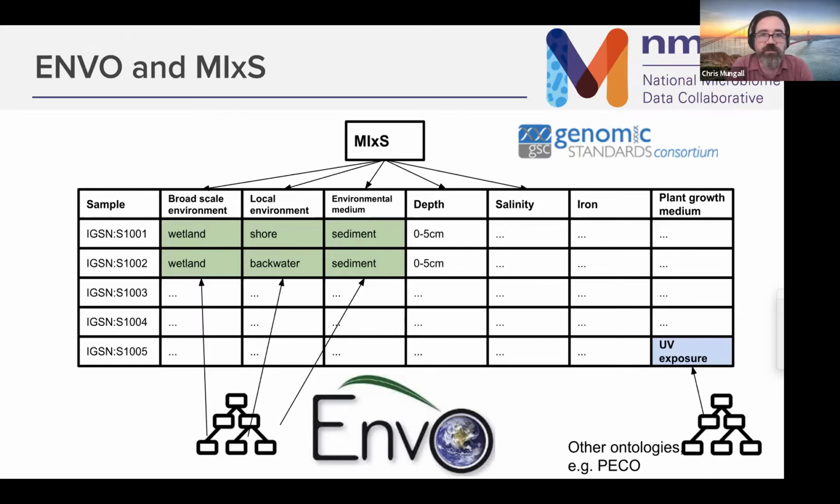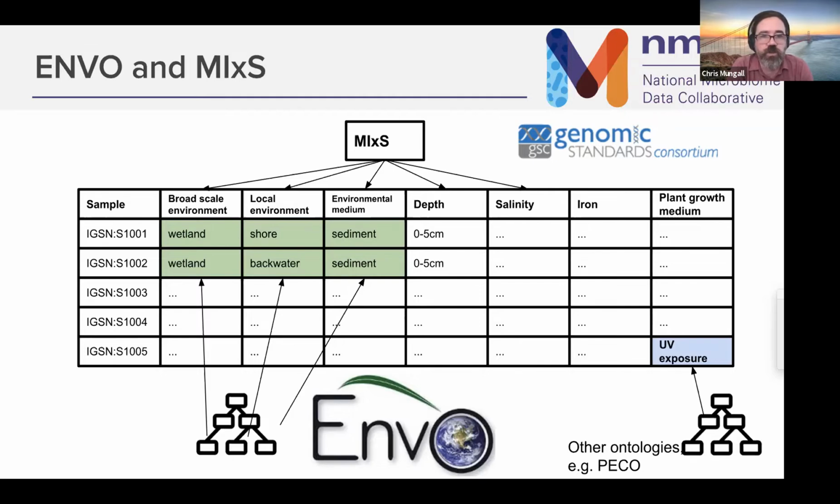So there may be many different quantitative and qualitative parameters in your data set, the environment in which a sample is captured, as well as measurements such as salinity, metal content, the depth of the soil sample. So all of these column headings can be standardized using MIxS.